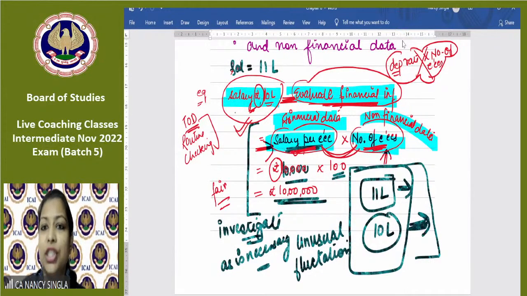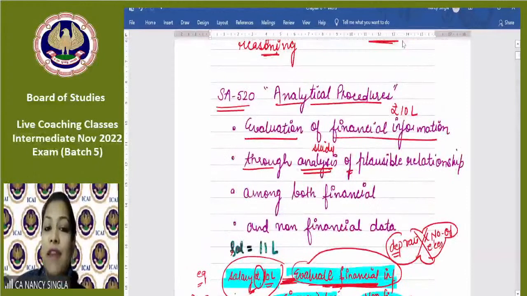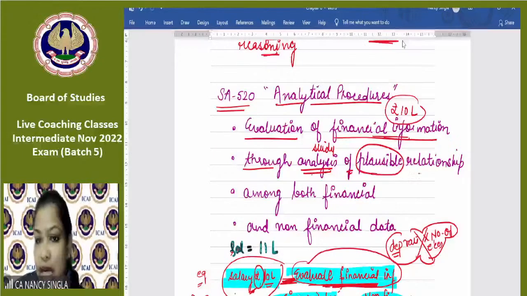Depreciation and number of employees, there is no relationship, but yes, there is a relationship between what? Salary per employee and number of employees. So you need to study the correct elements. So let us have a look. Evaluation of financial information, which is rupees 10 lakhs, through analysis of plausible relationship.